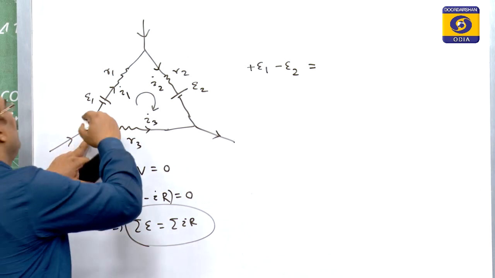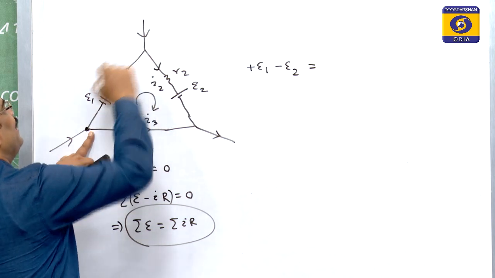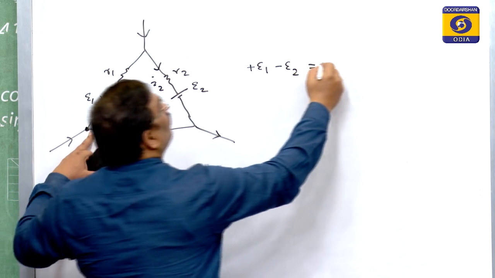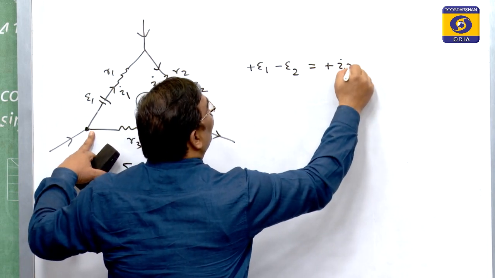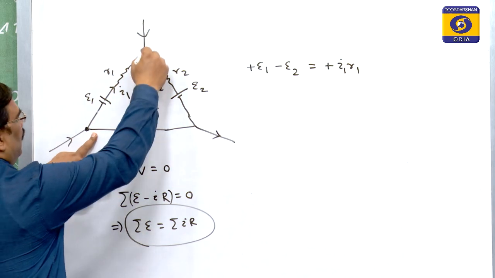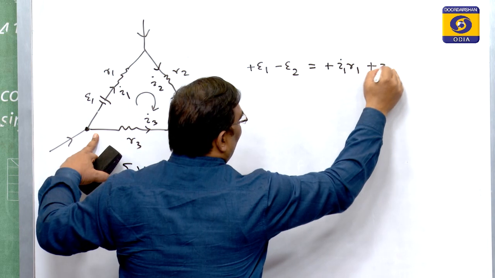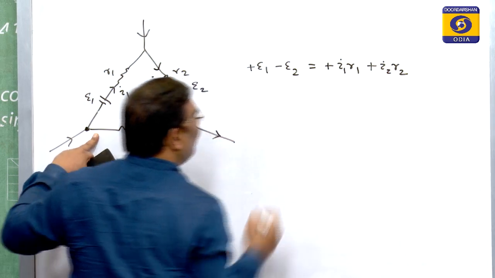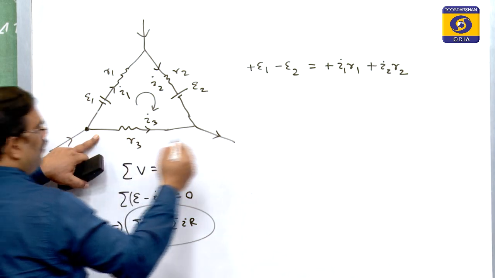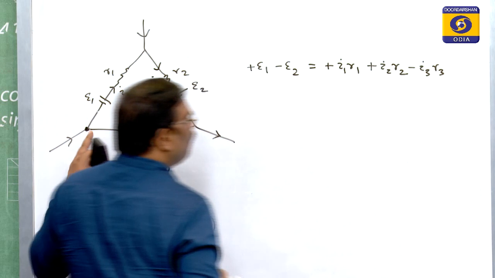Similarly, if along my path the current is in the same direction, then this is plus I1 R1. Here also the current is in the same direction, plus I2 R2, and in the third branch the current opposes my direction, so it is minus I3 R3.